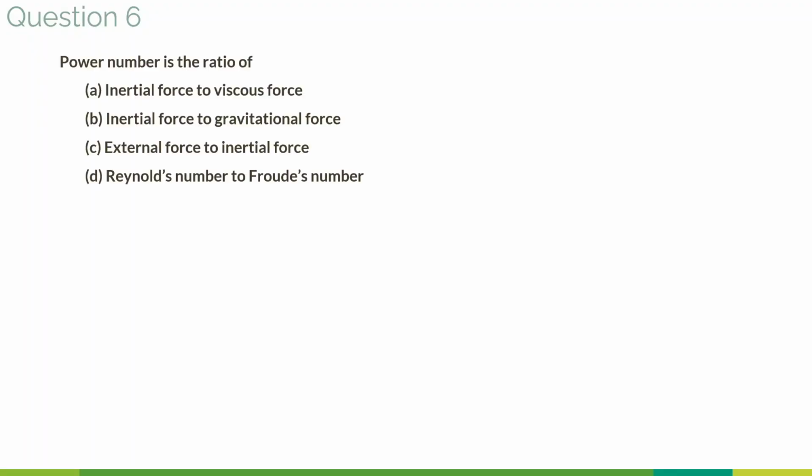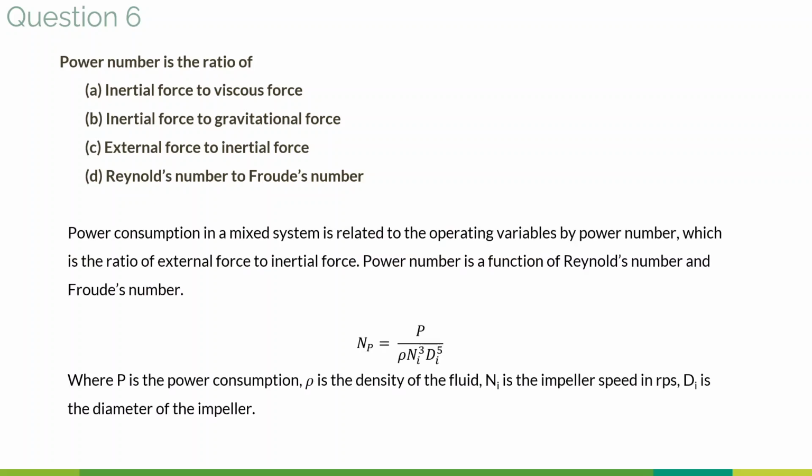Question 6. Power number is the ratio of A. Inertial force to viscous force, B. Inertial force to gravitational force, C. External force to inertial force, and D. Reynolds number to Froude's number. So the power consumption.